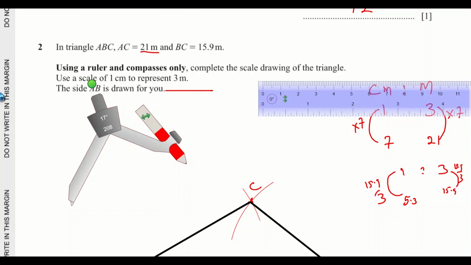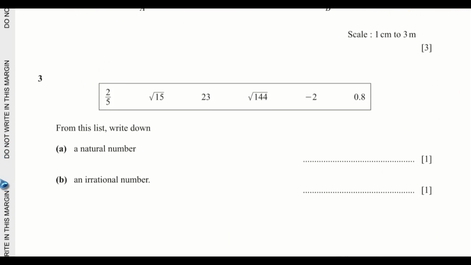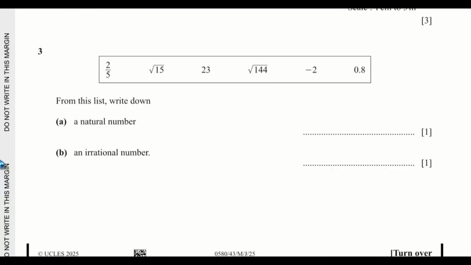Okay, so now let's go to the next question. That is question 3. From this list, write down a natural number. A natural number is a counting number. So we have 23, you can write 23 here. You could as well write square root of 144, because 144 is equal to 12.